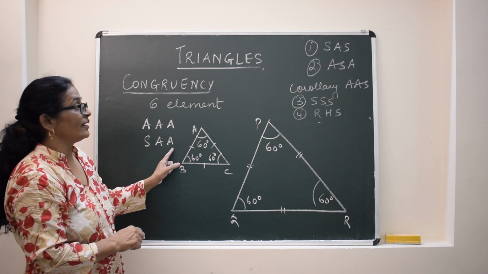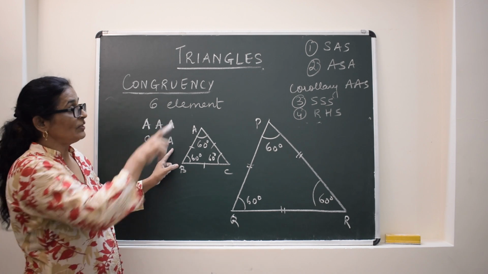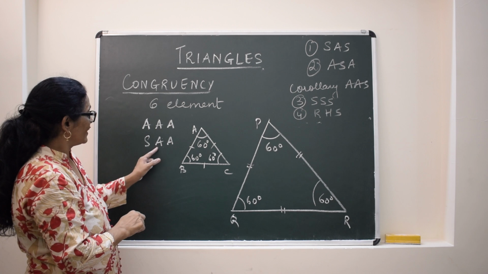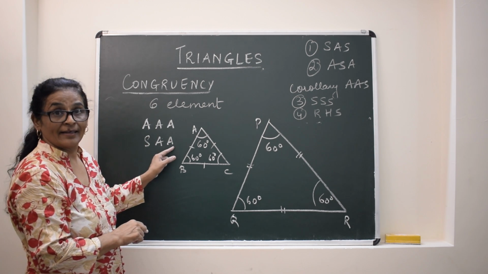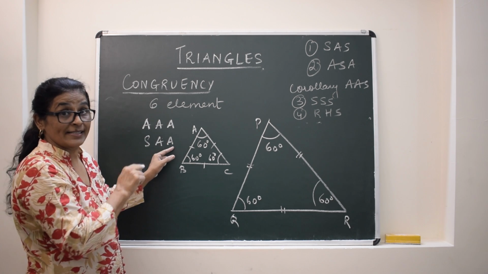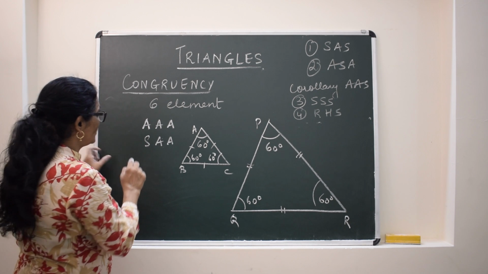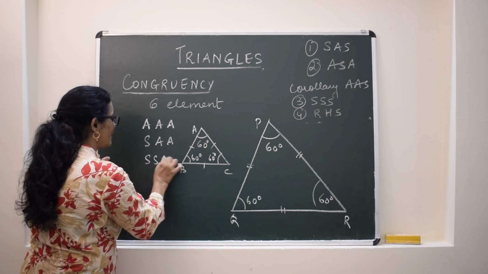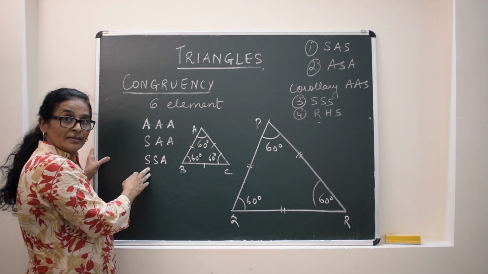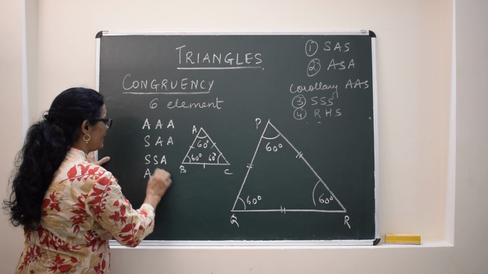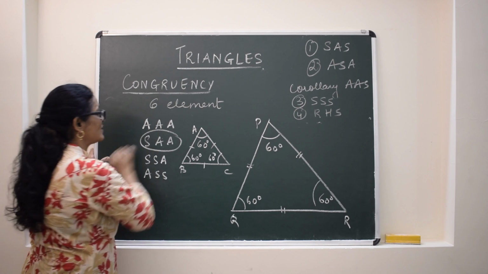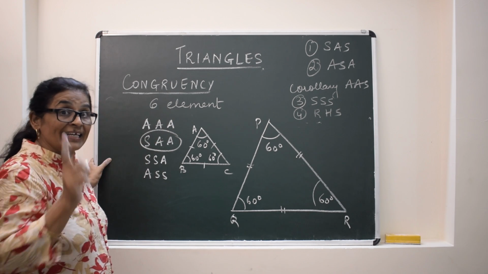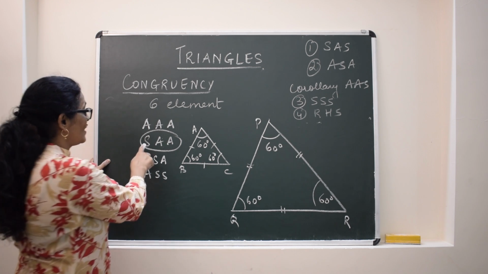Similarly, SAA. We take 2 angles and 1 side. We write it as AAS, not SAA. Clear? So, if I say, is there any theorem like SSA? Because these are also 3 elements. Or ASS. When I am saying SAA, you have to write it in the form of AAS. We don't write it as SAA.